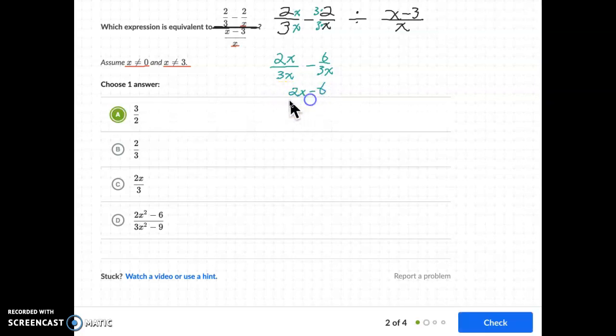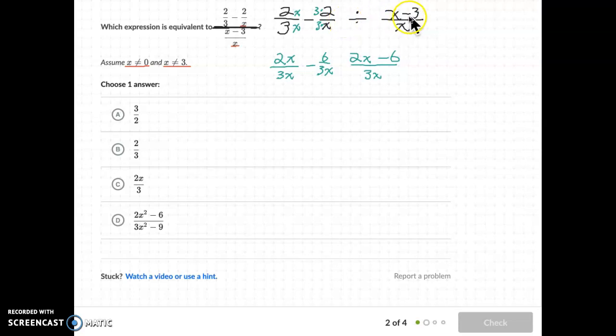Oops, my pen won't work down there in the answer area. 2x minus 6 all over 3x. Okay, so we may have to factor that down a little bit more. We'll take another look at that in a second. Let me erase this. But this is good right now.